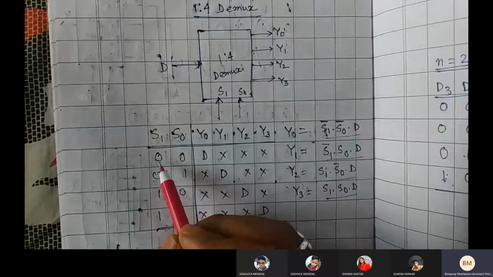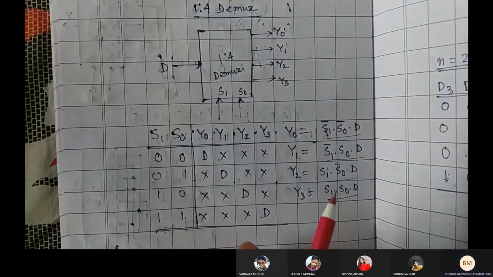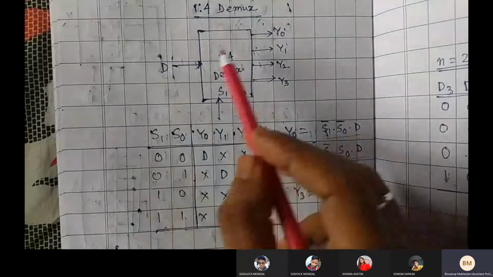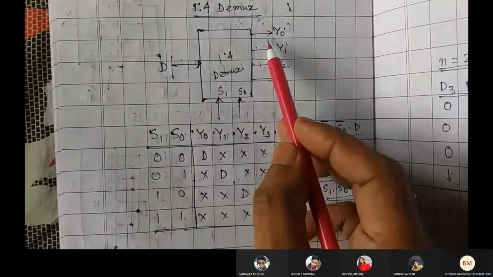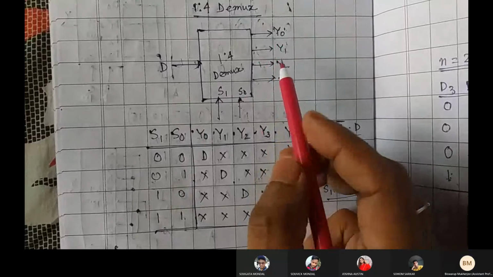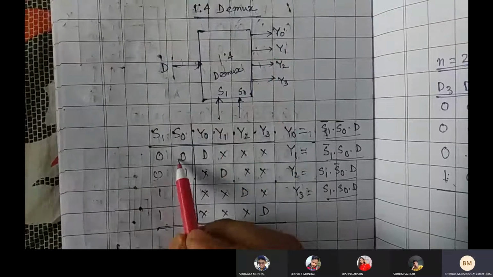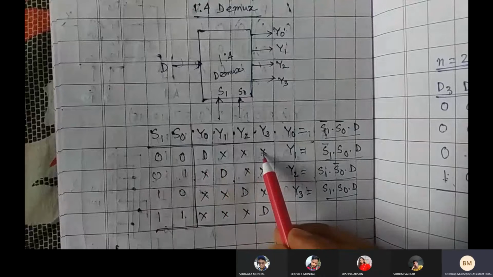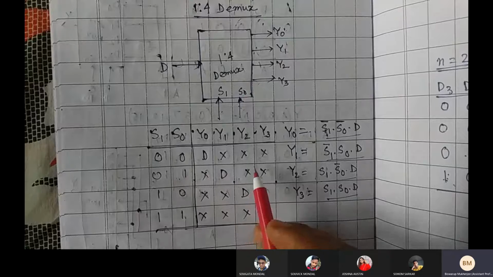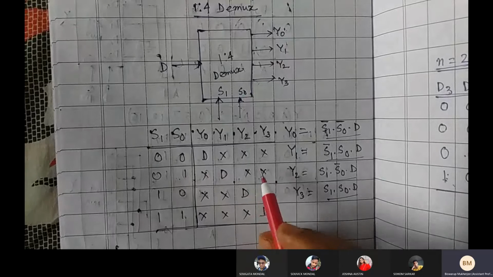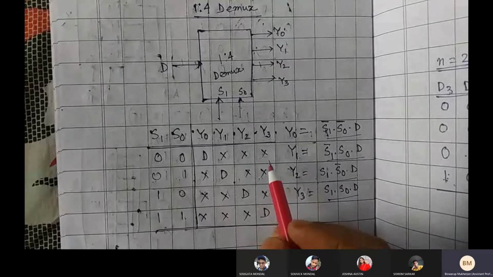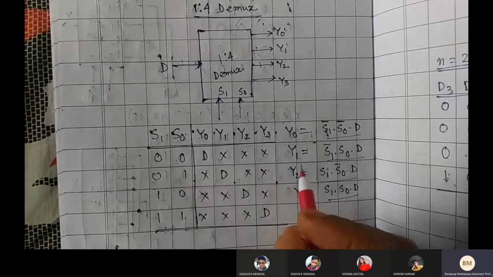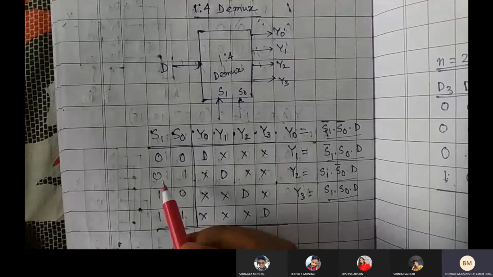If it is 0 0, then D will move towards Y0, so the output Y0 will be D. The rest of the outputs can be written as don't care, since we don't know what they would be.